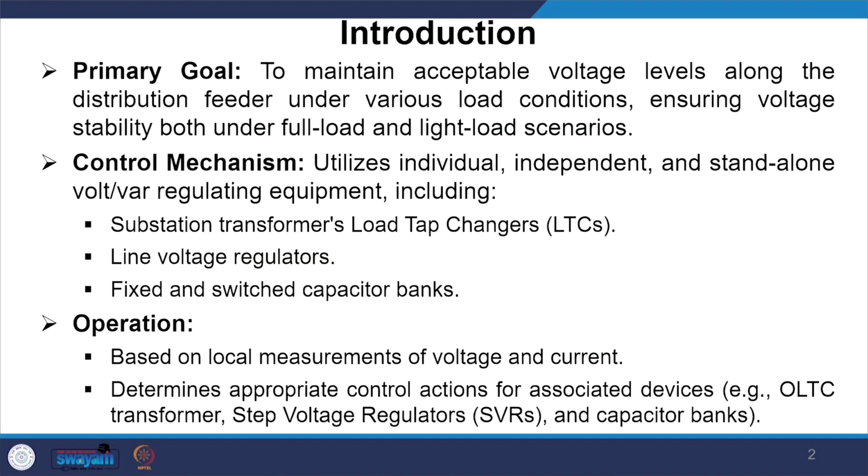Because the loads keep on changing, the voltages will vary. So we utilize individual, independent and standalone volt var regulating equipment: substation transformers with load tap changers, so-called LTCs, line voltage regulators, and fixed and switched capacitor banks. These are the methods through which a reasonable voltage balance across the system can be achieved.